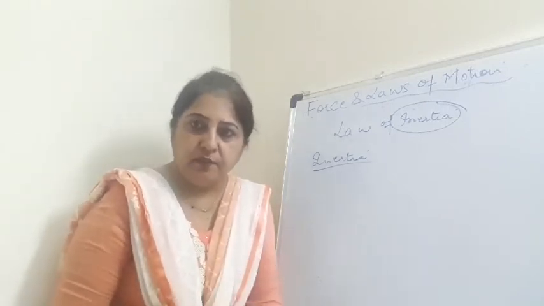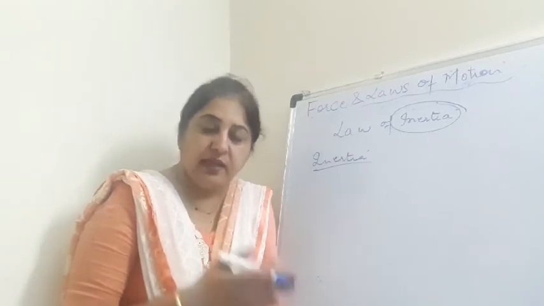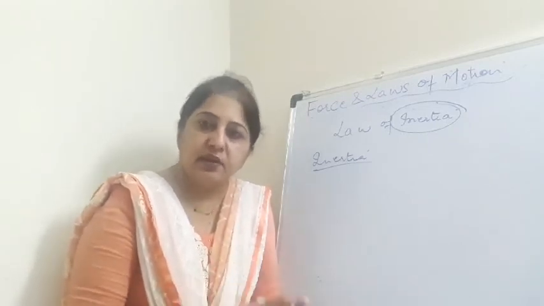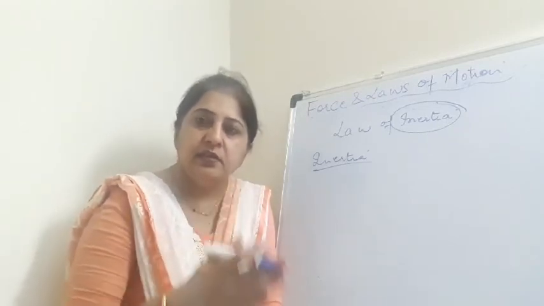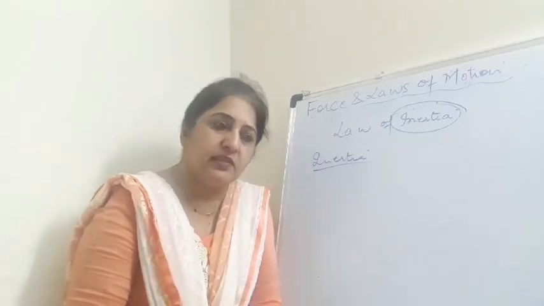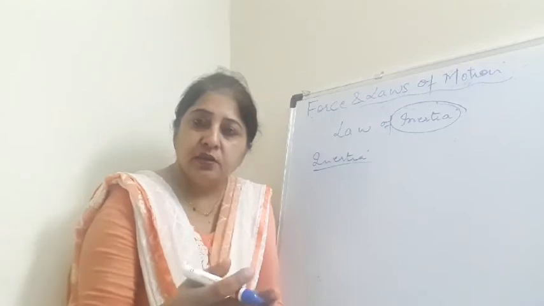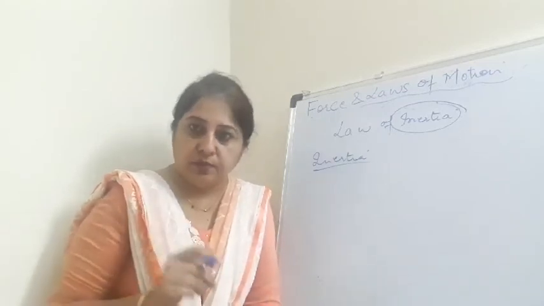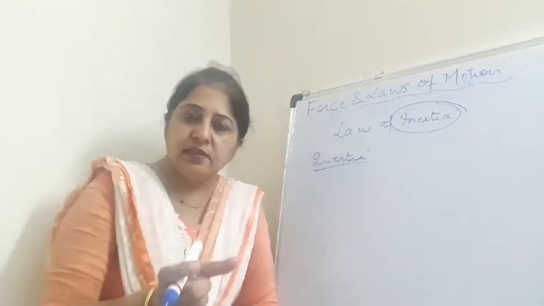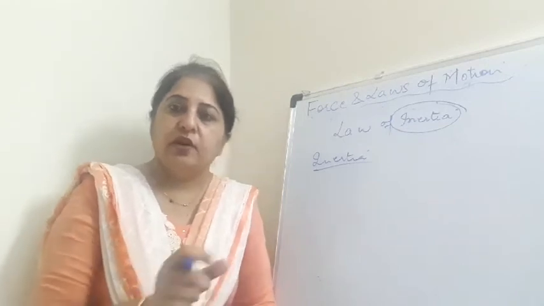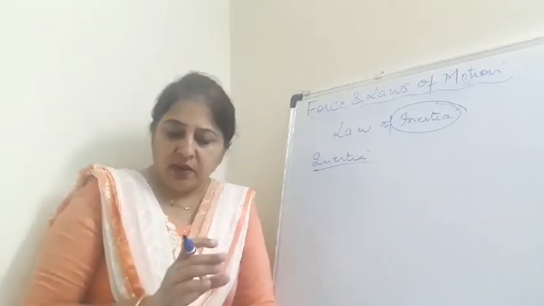Every object, whether it is in motion or at rest, has a tendency to remain in the state of rest, or to remain in the state of motion. This tendency of the object is called inertia. So how can I explain it?